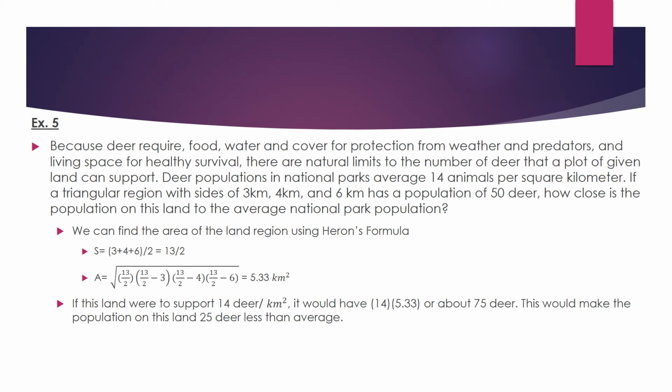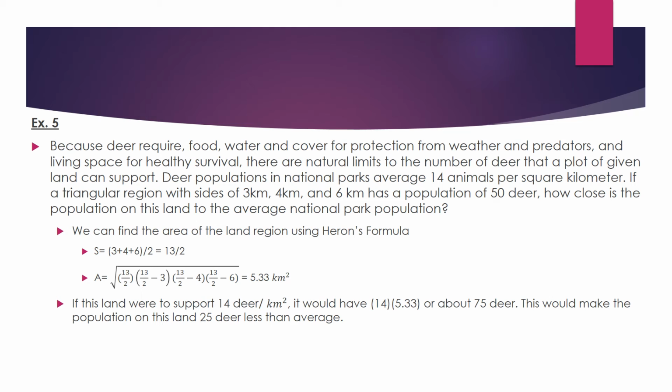Now, this problem is a lot of words, but essentially it boils down to using Heron's formula as part of a problem. Because deer require food and water and cover, protection from weather and predators, and living space for healthy survival, there are natural limits to the number of deer that a plot of given land can support.